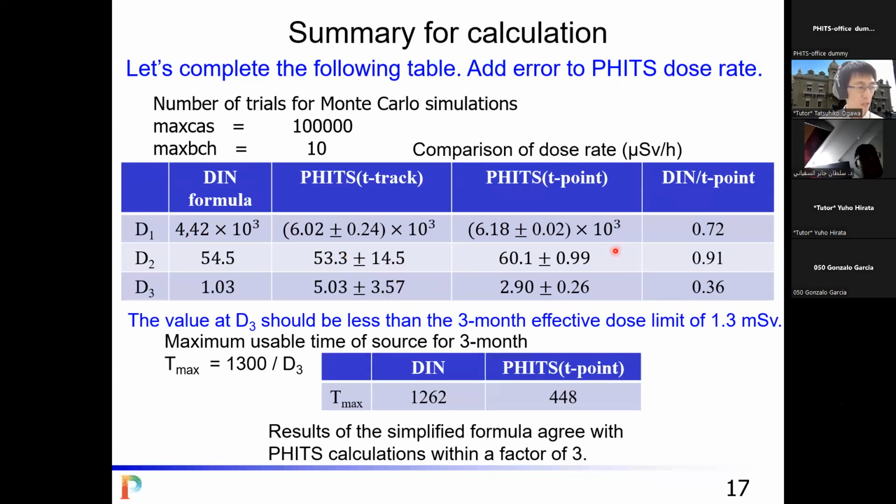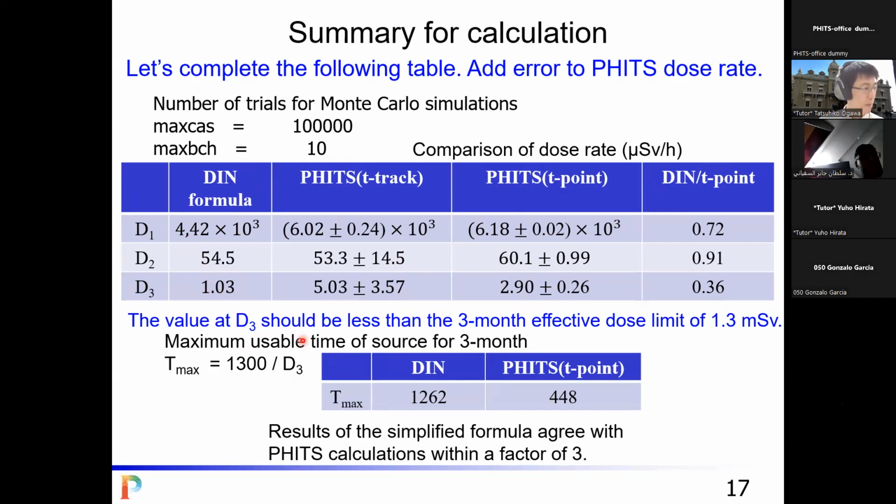Probably these values might be slightly different owing to the random number sequence being different between FITS versions. Anyways, minor details don't really matter. What's important here is that the ratio of DIN and T-point is about a factor of 3. DIN gives the value about 3 times lower.